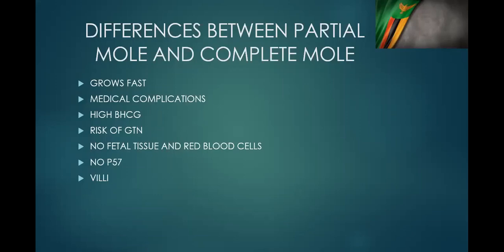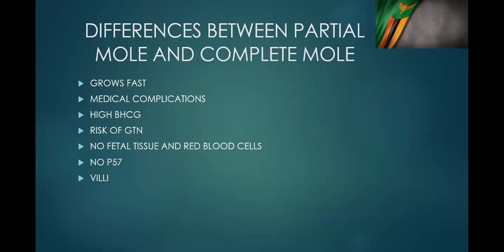That's one genetic difference. And then the other genetic difference is that complete moles are usually diploid, and the partial moles are usually triploid, as we saw in the pathophysiology and how this condition develops.